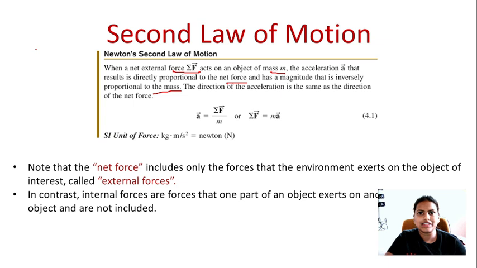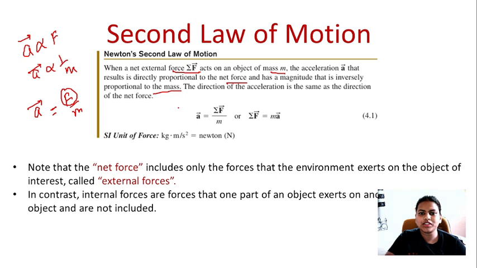So when we apply a force on the body, the body gets accelerated. Acceleration is directly proportional to the force and inversely proportional to the mass, and when we combine it, we get force upon mass.